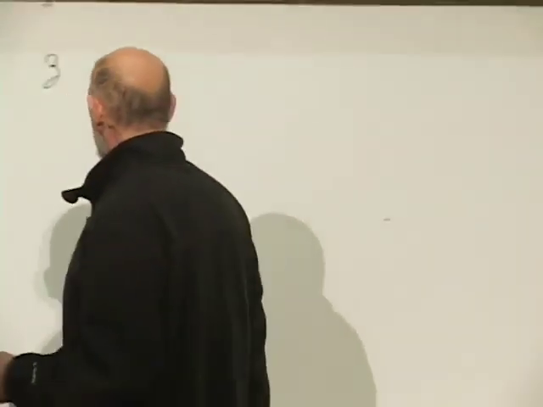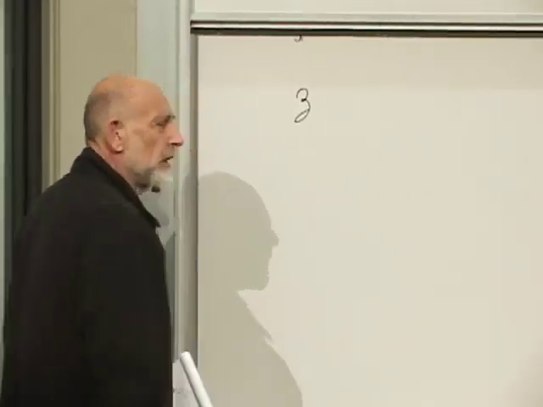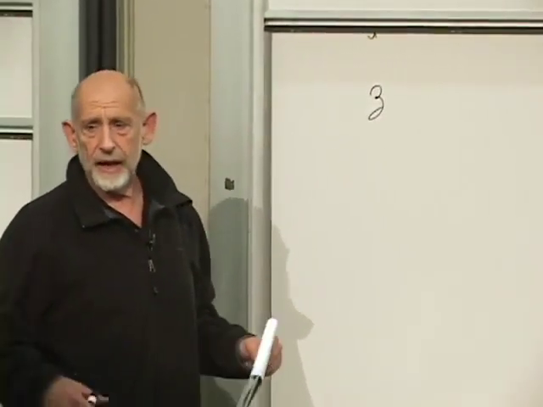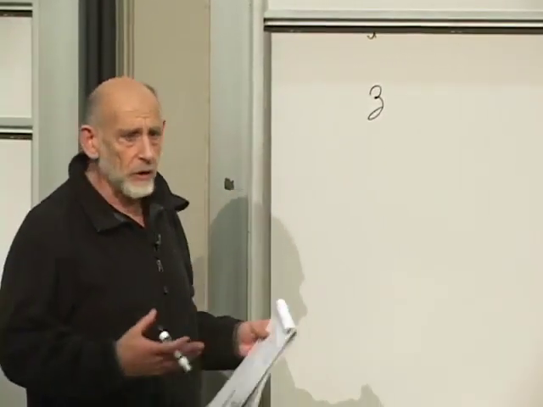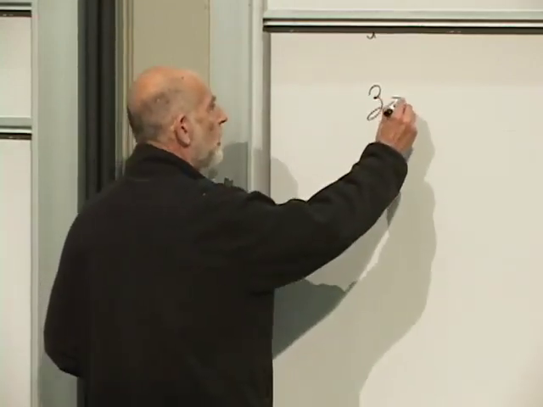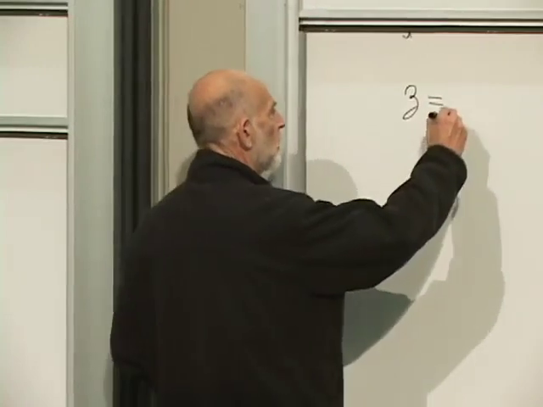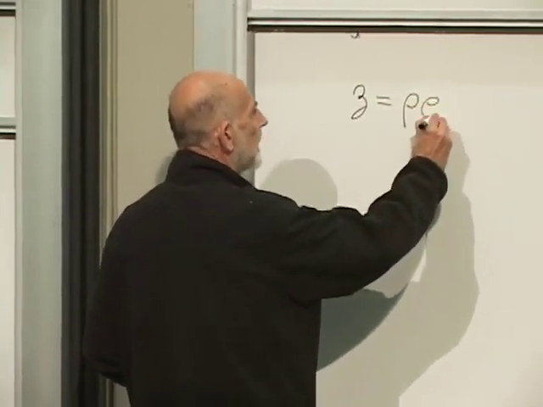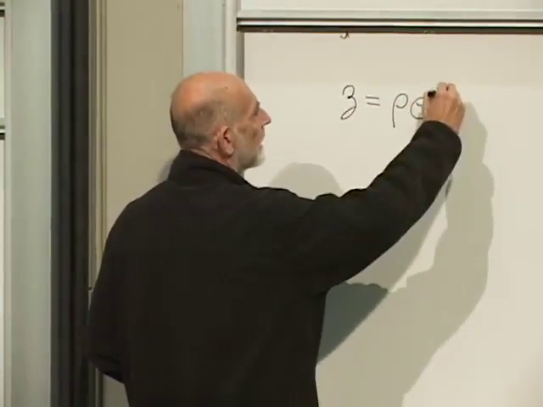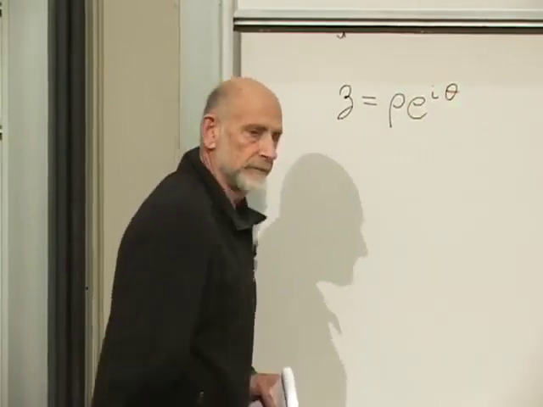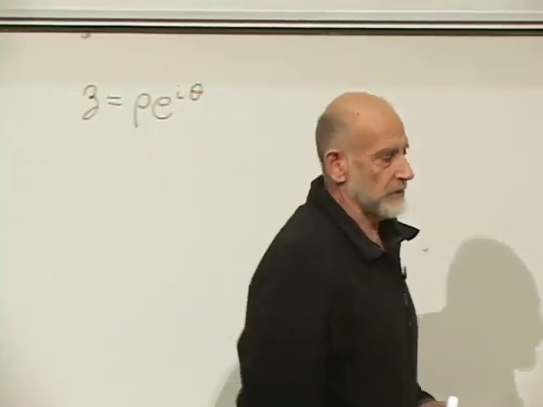It's meant to be a small complex number, but it doesn't need to be small for this purpose. It can be represented as x plus iy, but it can also be represented in polar coordinates as a radius, let's call it rho, times e to the i times an angle. Okay? That's another form of a complex number.